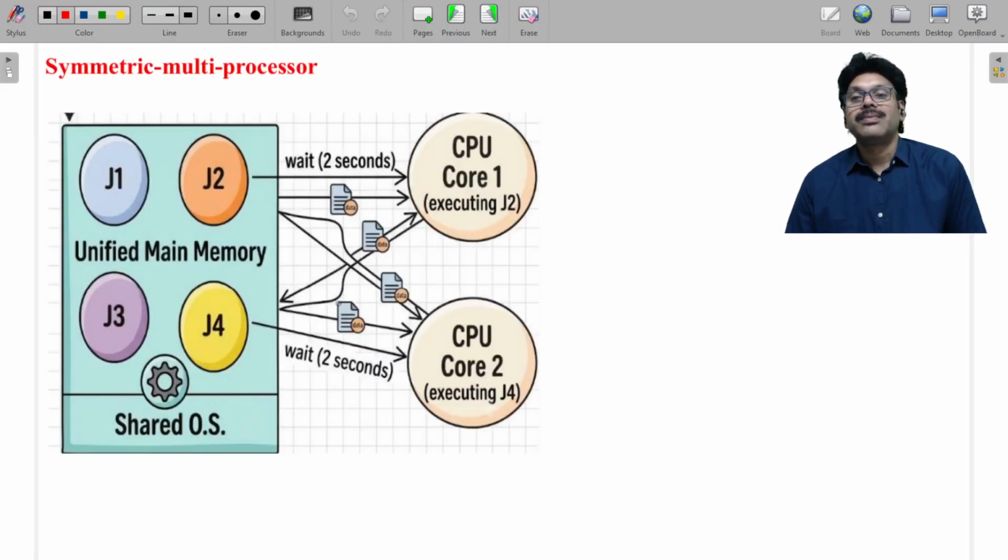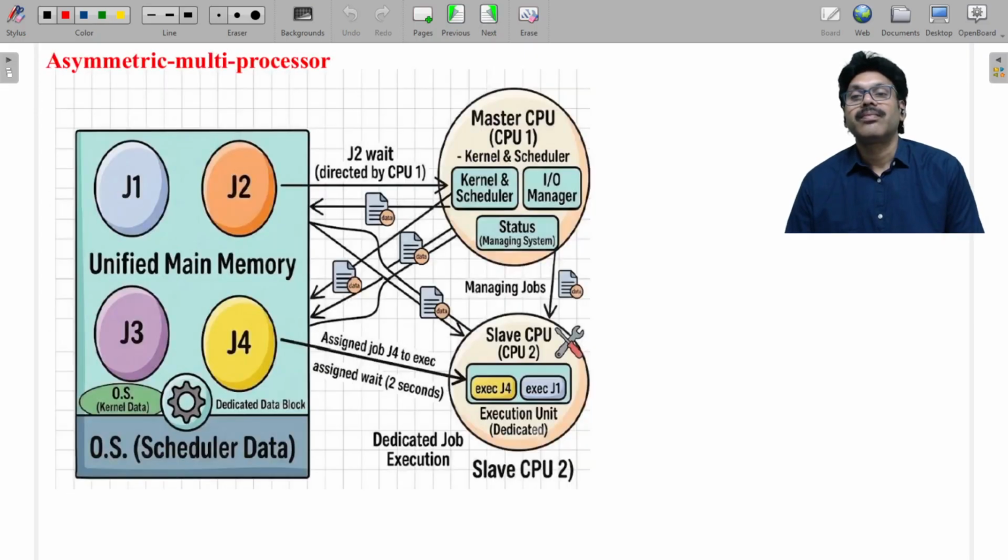So there are two varieties, symmetric multiprocessor and asymmetric multiprocessor operating system. Symmetric is completely based on a shared OS and how different jobs are executed at different CPUs. Asymmetric: in asymmetric, not all the processors are ready for execution of the jobs.